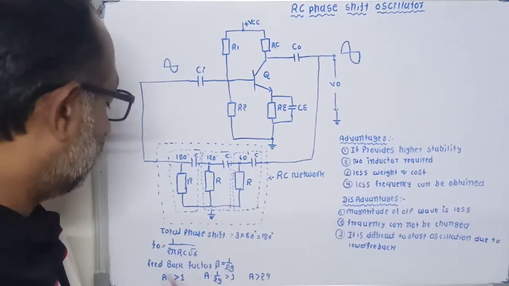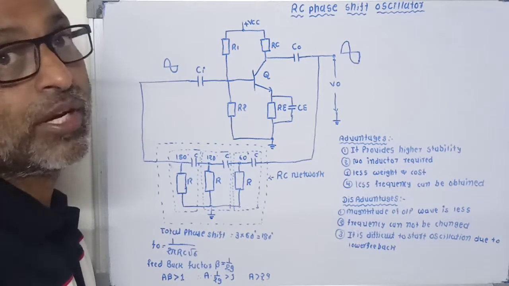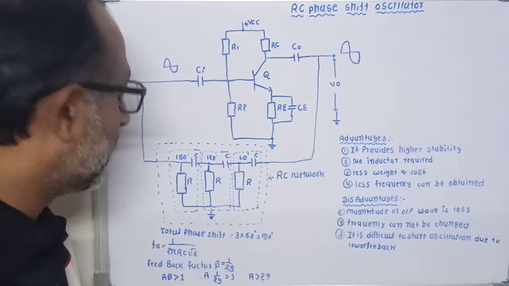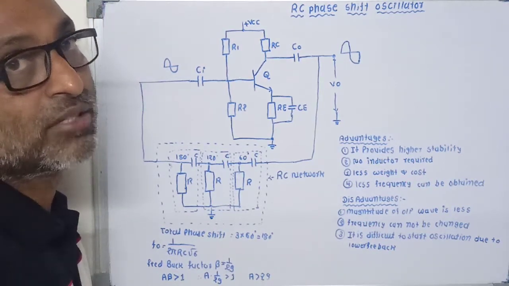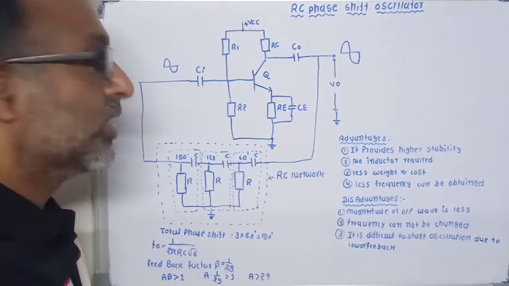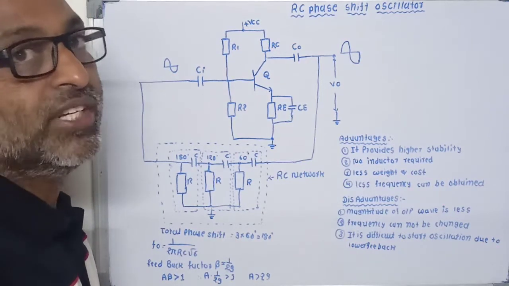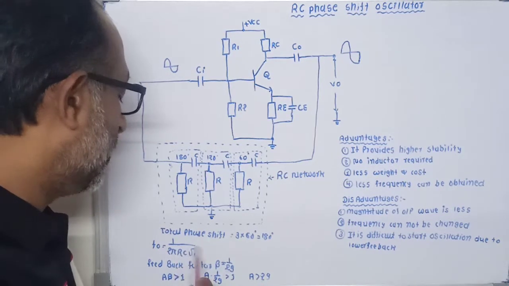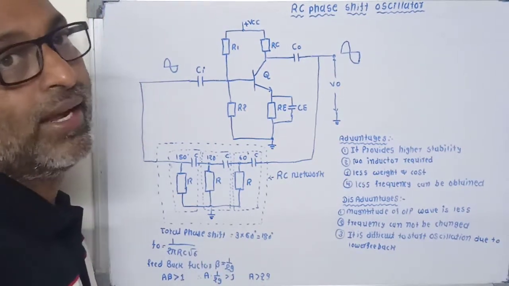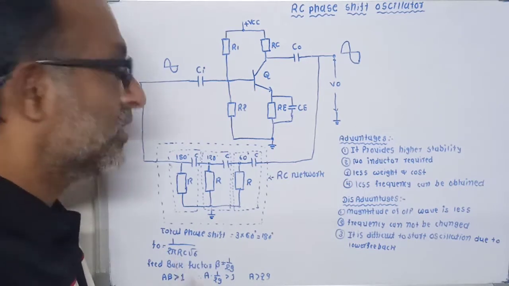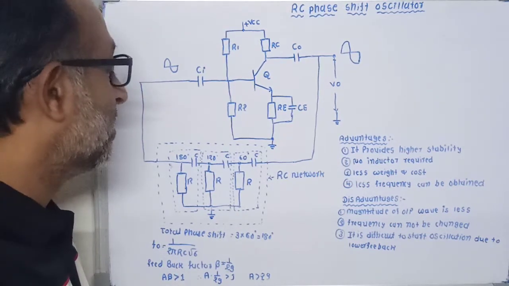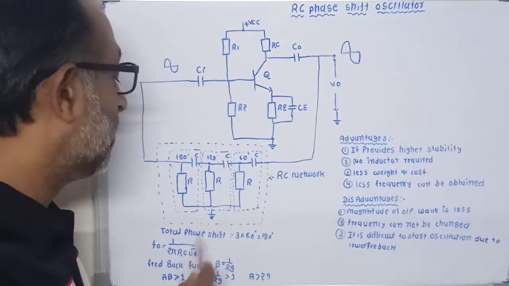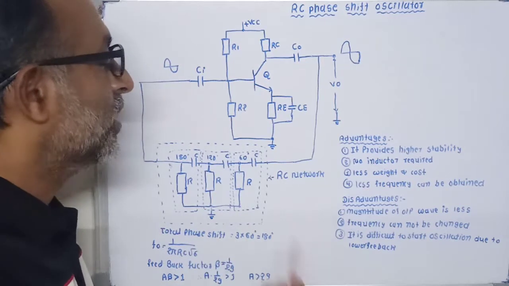Here, the frequency at which the RC phase shift network provides a 180-degree phase displacement is called the oscillator frequency, and it is represented by f0 equal to 1 upon 2 pi RC under root 2 into n, where n is the number of stages, R is the value of resistance used in this RC phase network, and C is the value of capacitor used in the RC network.